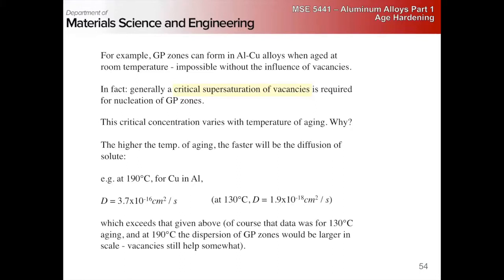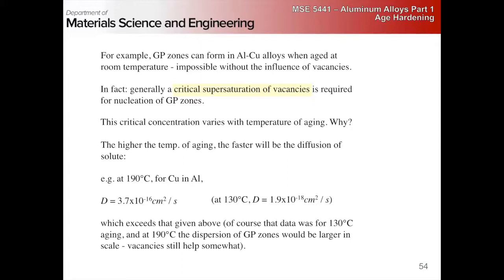We've got our two orders of magnitude back. So the GP zones would be slightly larger in scale, a little more well separated. Our vacancies still help, but the critical supersaturation of vacancies that we need at 190 is significantly lower than that we needed at 130.